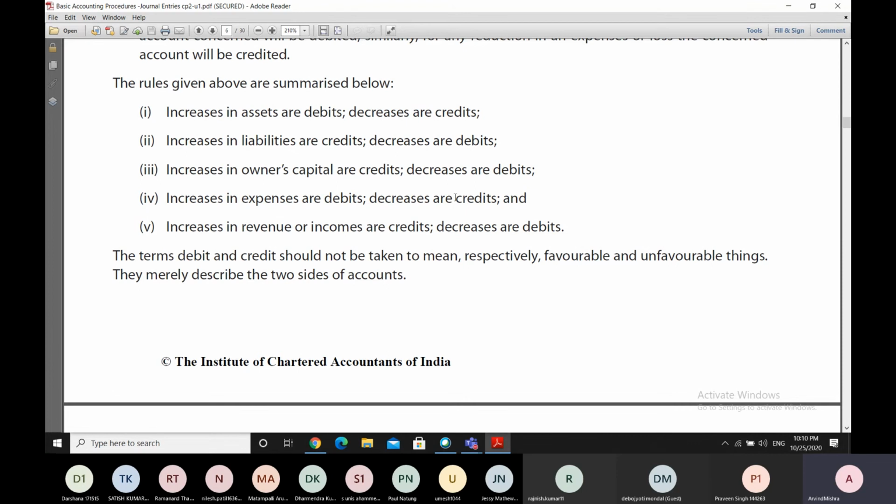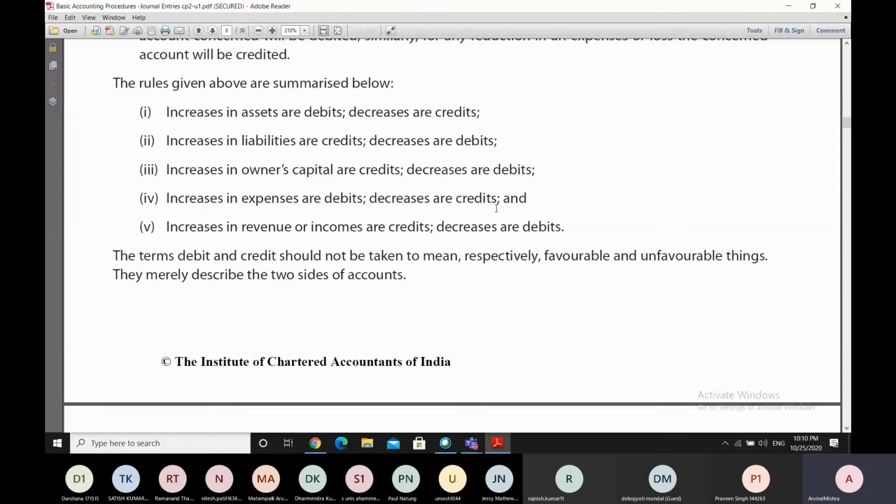Based on that tradition, all these rules have emerged for finding out which account has to be debited and which account has to be credited, keeping in mind that with every transaction, exactly two accounts will be affected.